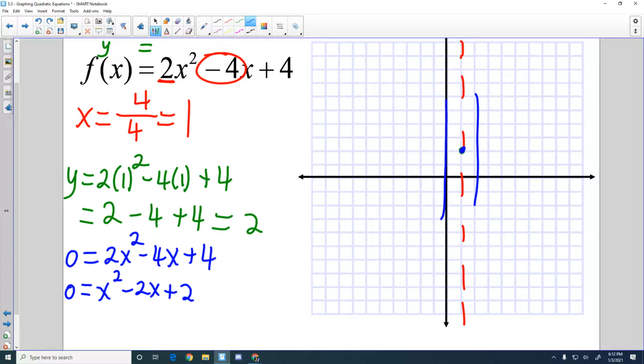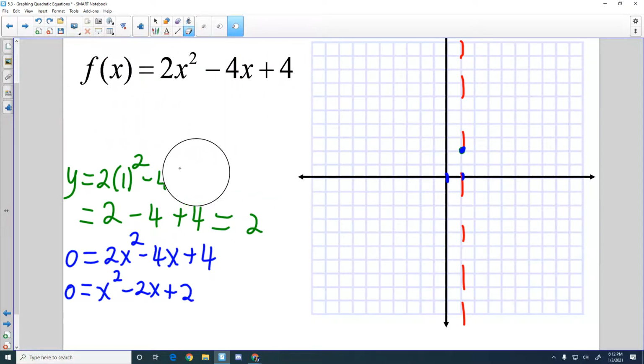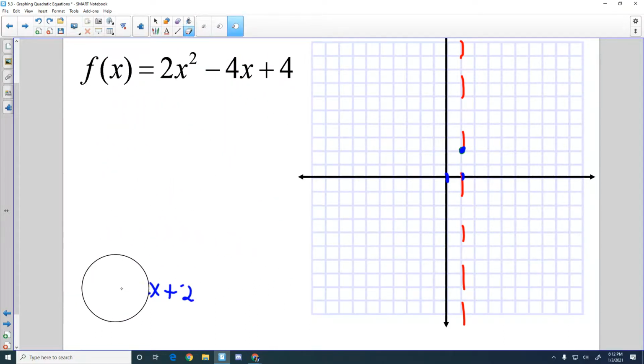So let's try to figure one of those other points out. So all I'm going to do is think, okay, this is when x was equal to 1. This point here would be when x is equal to 0. And that's actually the y-intercept when I make the x 0. So let's just plug in a 0 for x and see if we can get another point, because we couldn't find those x-intercepts too easily.